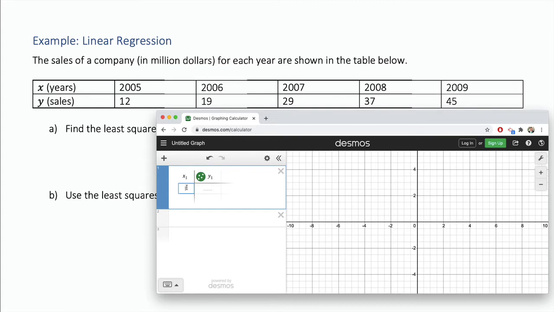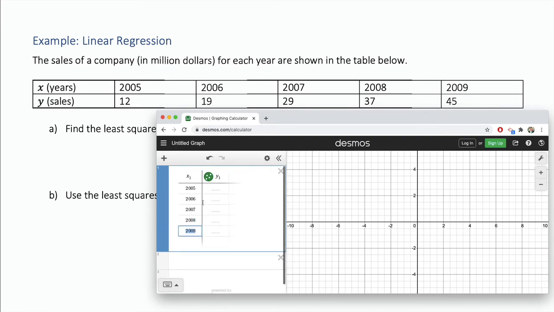For x, we've got 2005, 2006, 2007, 2008, 2009. And for our y values, those are our sales. We've got 12, 19, 29, 37, and 45.